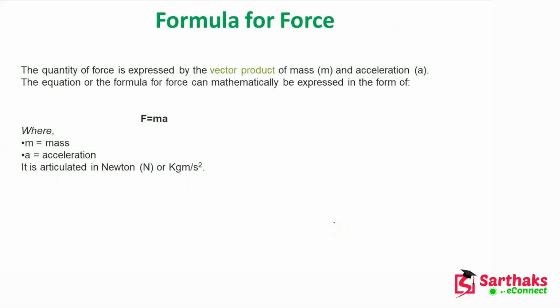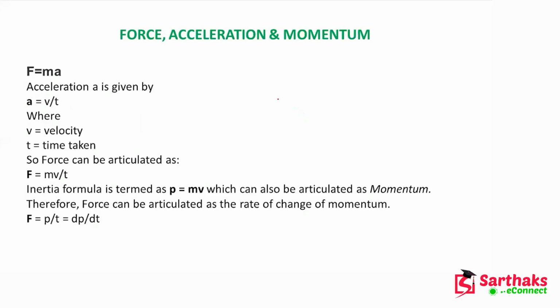Now the formula of the force. We have already stated in the table that force equals mass into acceleration, and the unit is the Newton or kg meter per second square, and force is the vector product of mass and acceleration. Now force equals m into a. M is the mass of the object.